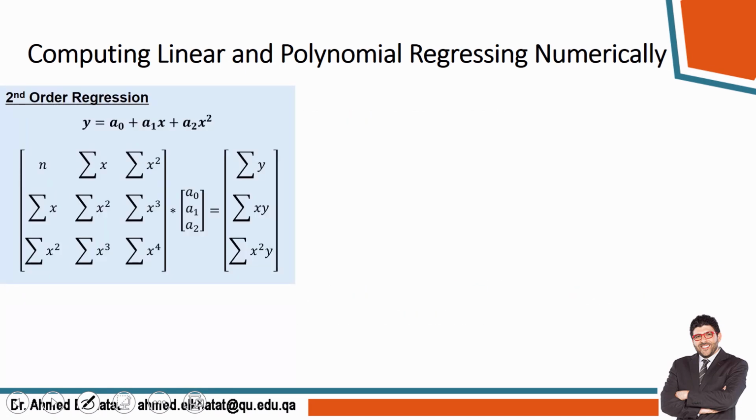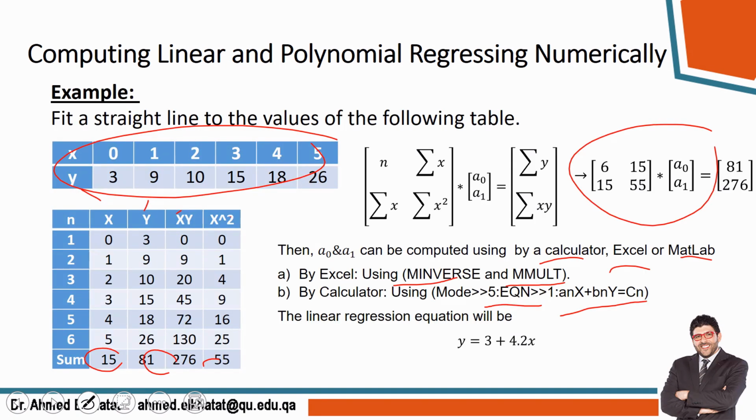For polynomial, it's similar to linear but a little bit more complicated. I just want to give you some hints here. Since we have two coefficients to find, our matrix here should be 2 by 2. Remember that here we have the power of X increasing. So we have X power 0, so it's n.